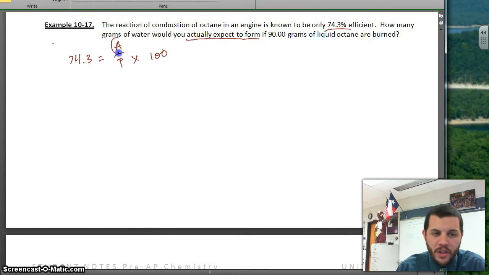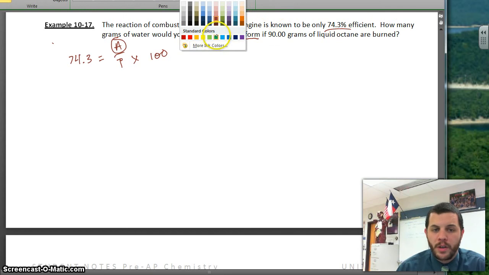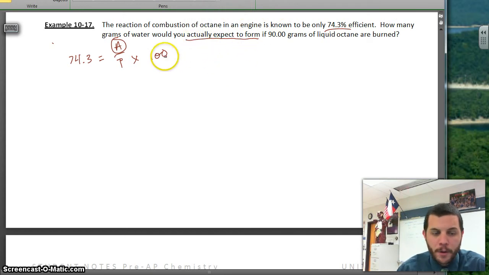I'm trying to solve for A, if 90 grams of liquid octane are burned. We still have to calculate our theoretical yield first, and then we can plug that number in and solve for A.